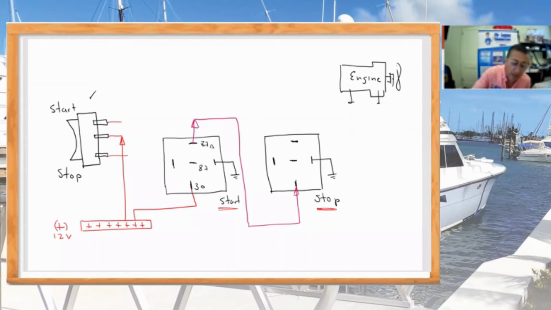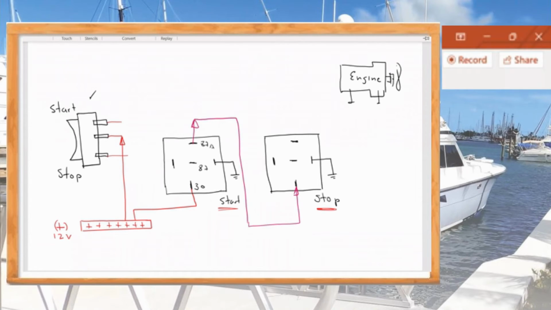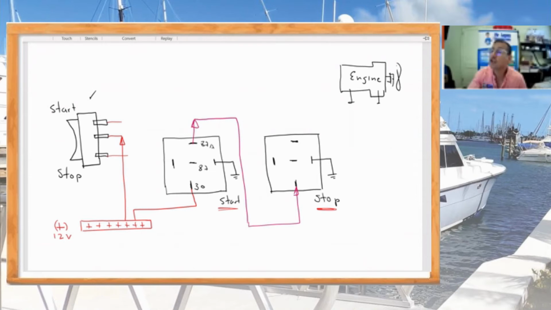When the relay is not powered, what happens with the connection between 30 and 87A? It's closed. You have continuity between 30 and 87A when you don't have power in the coil, between 85 and 86.